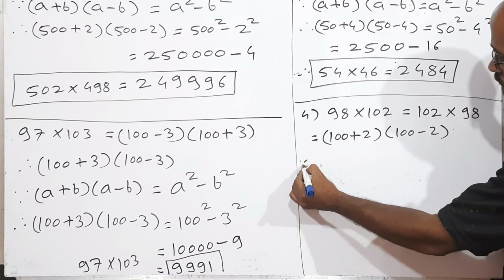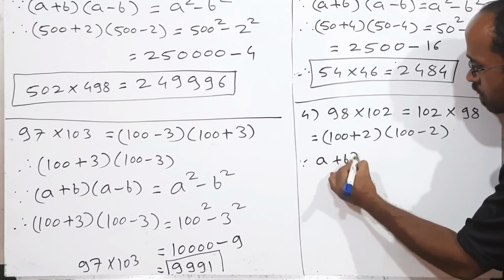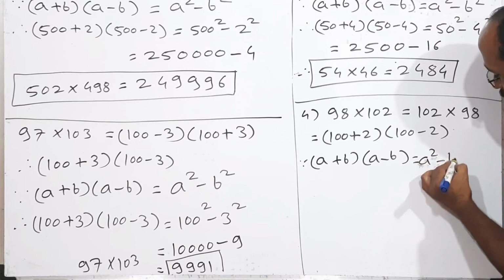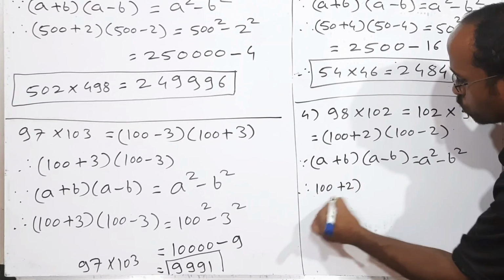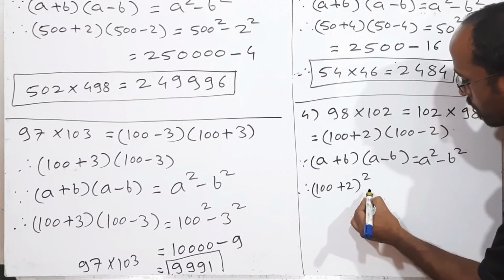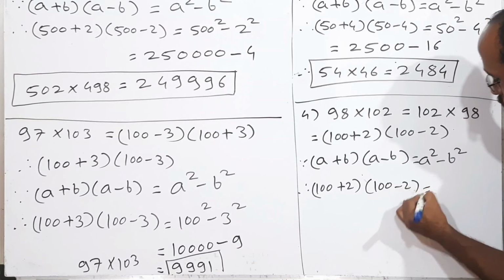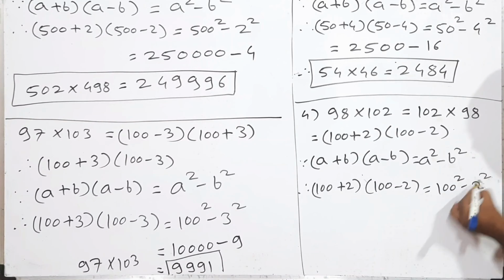And as we are going to use the formula, let's write the formula. If a plus b into a minus b is equal to a square minus b square, then 100 plus 2 multiplied by 100 minus 2 is equal to 100 square minus 2 square.